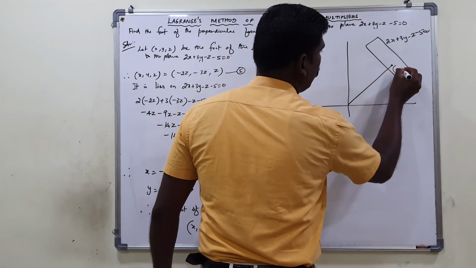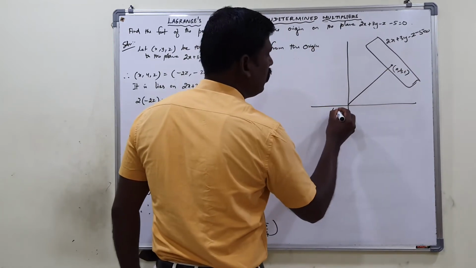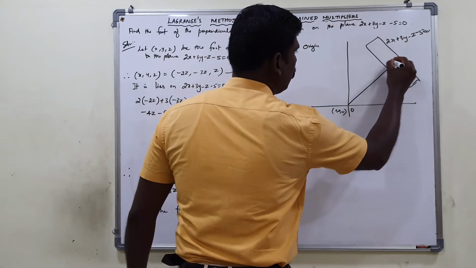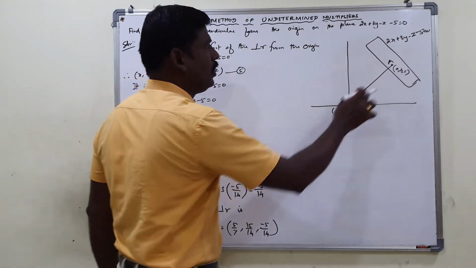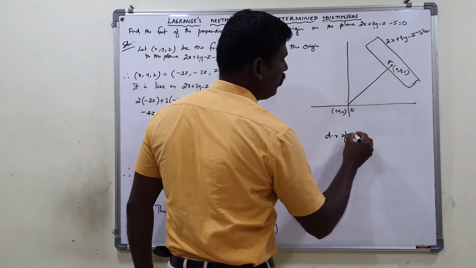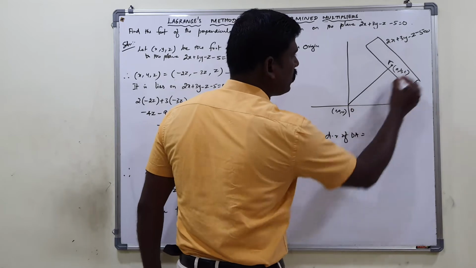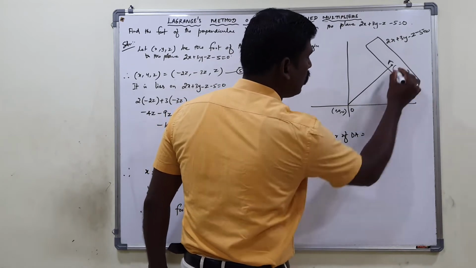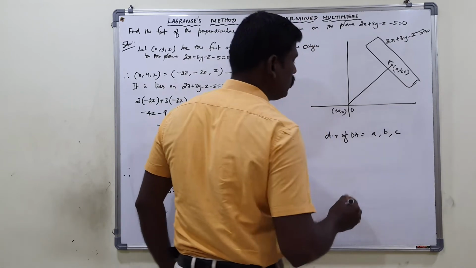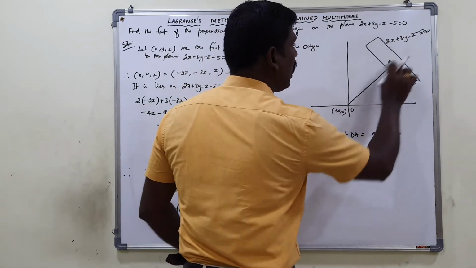I am going to take this point as ABC. Okay, this point as origin 0, 0, 0. I am taking the origin as O and this foot of the perpendicular as A. Then what is the direction ratio of A? x2 minus x1, y2 minus y1, z2 minus z1. So A minus 0, B minus 0, C minus 0. Okay, so this is the direction ratio of the line OA.